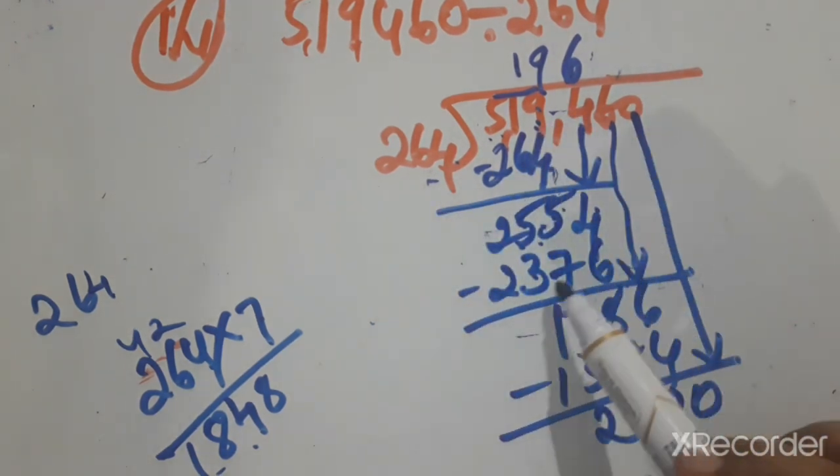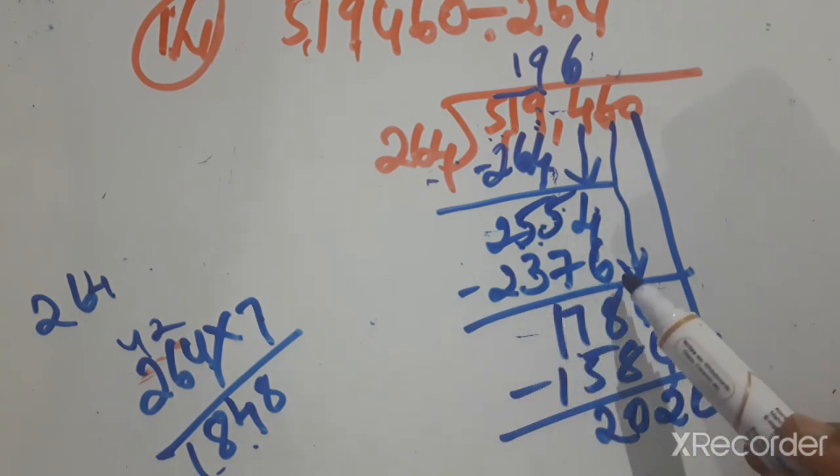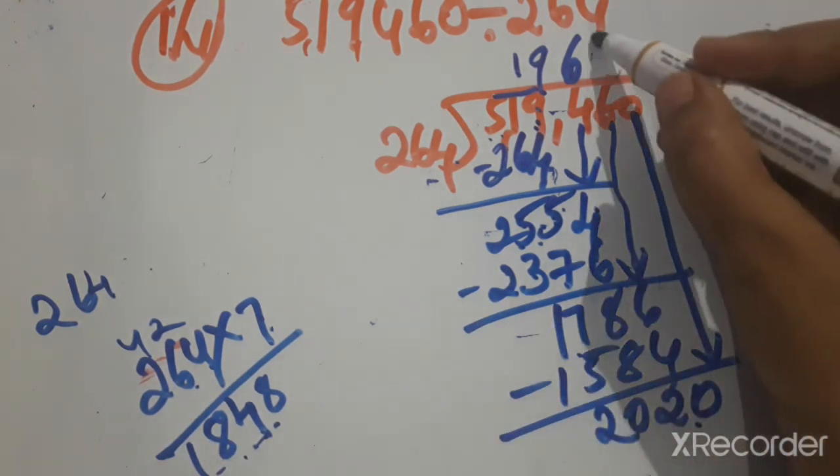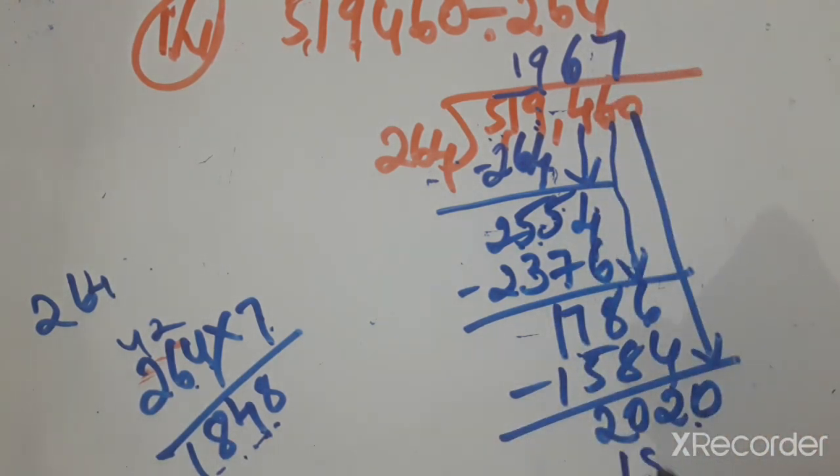264 nines is 2376. So the next nearer number is 1848 only. This is the nearer one. And 264 eights will definitely be greater than 2020. So 264 sevens are 1848.